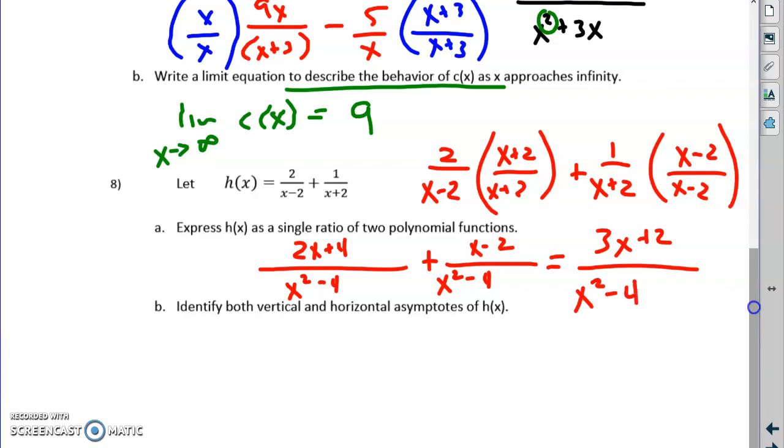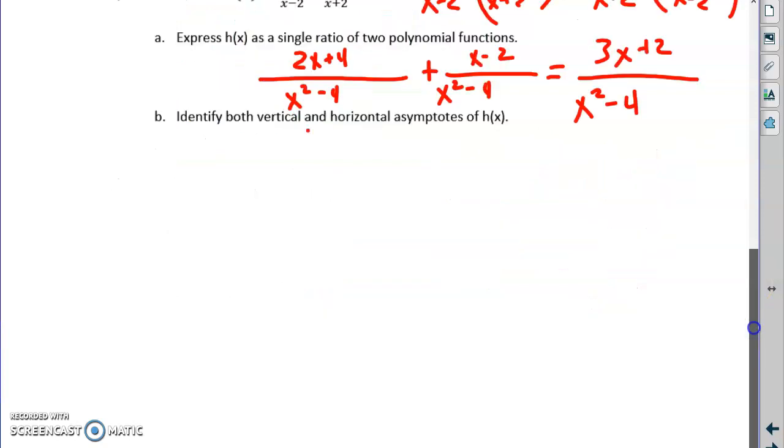Identify vertical and horizontal asymptotes. Vertical asymptotes: limit does not exist. Denominator equal to 0. x squared minus 4 equals 0. Where are the verticals? At x equals 2 and negative 2.